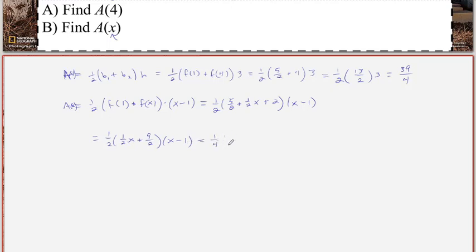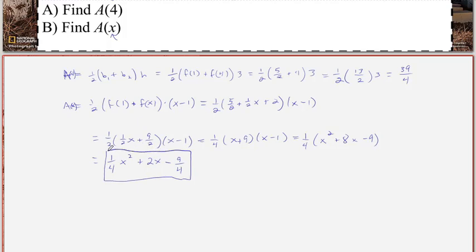So we have 1/4 times x plus 9, times x minus 1. Foil these guys out: x squared plus 8x minus 9. And then multiply that 1/4 back in: 1/4 x squared plus 2x minus 9/4.